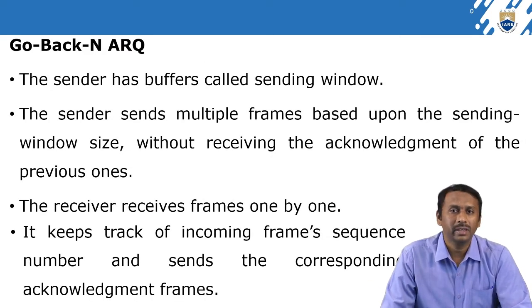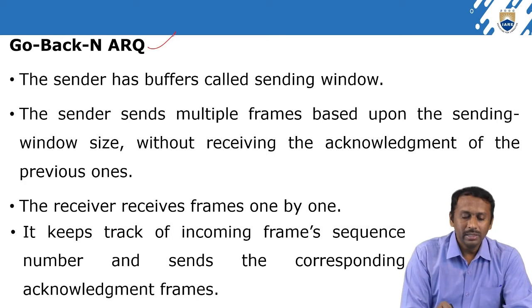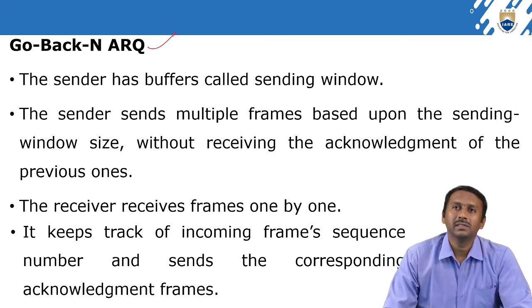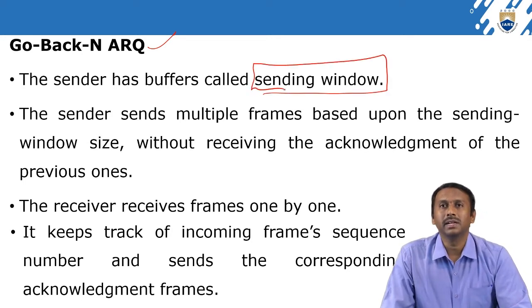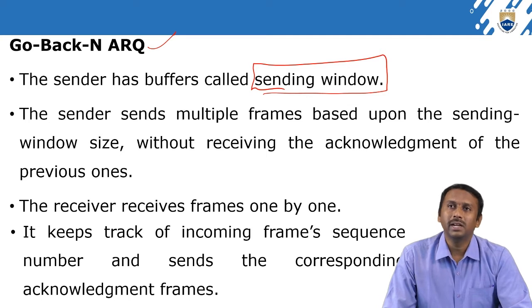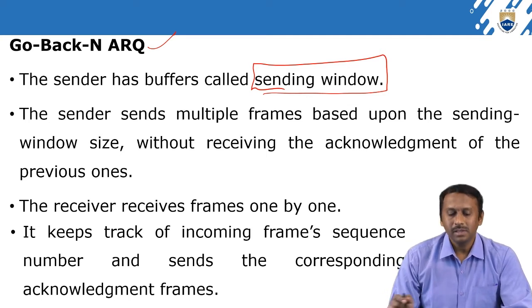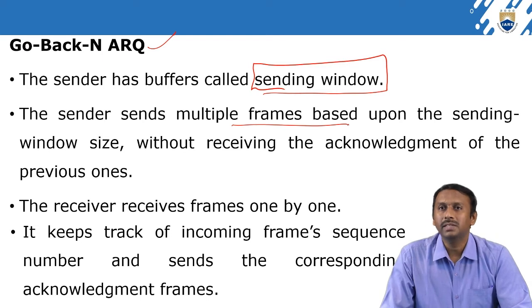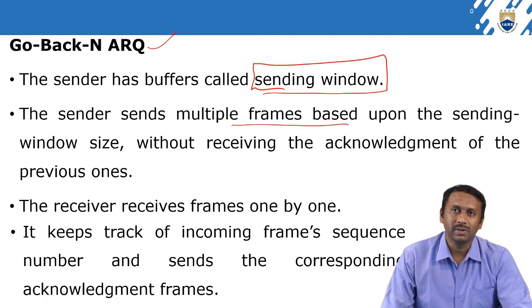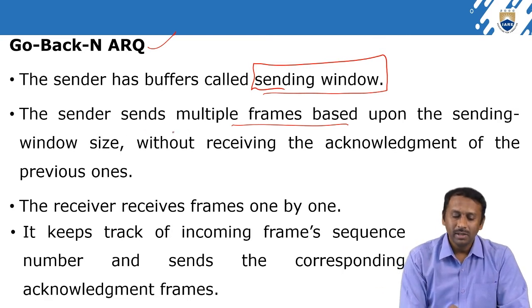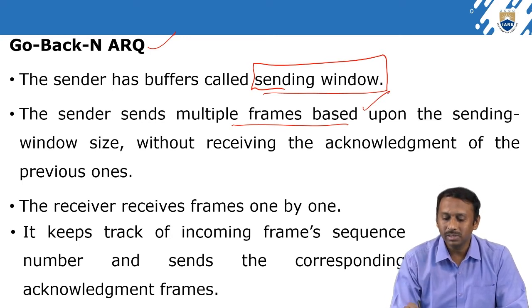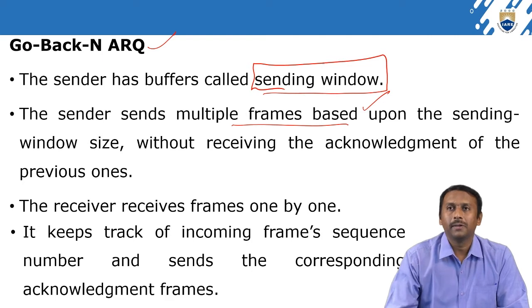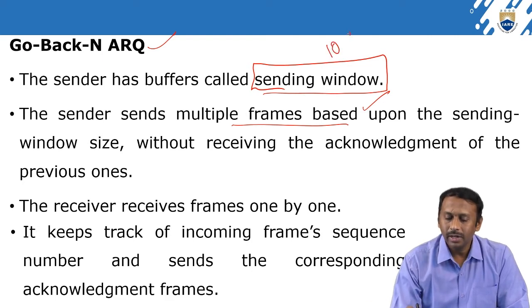Next, go back N ARQ. In this go back N ARQ, the sender has a buffer called the sending window. Please remember, the sender has a buffer called the sending window. The sender sends multiple frames based upon the sending window size without receiving the acknowledgement of the previous one. For example, in this case the sending window size is 10 frames.